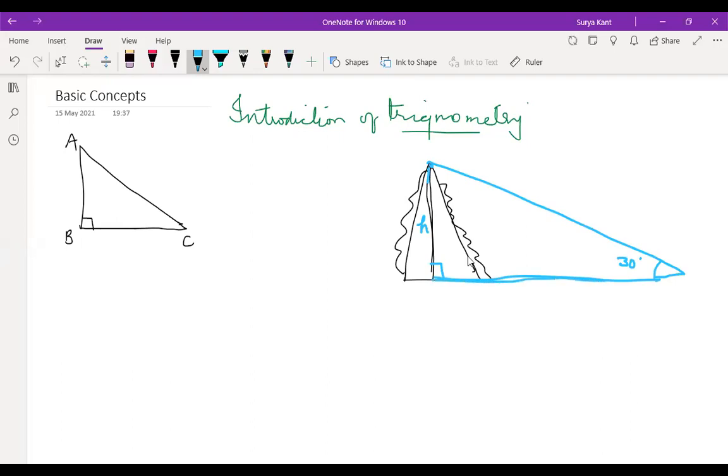This base or this hypotenuse should be known to you, right? Suppose this is x. By the help of the relation between this and this perpendicular, it will give you the height. So like this only we are going to find it. Here, this is theta.